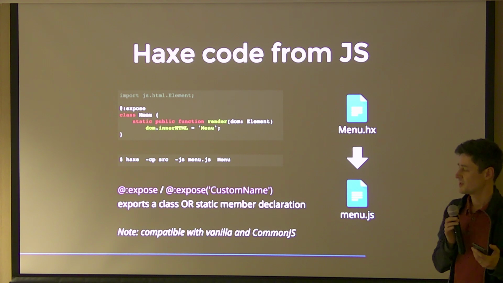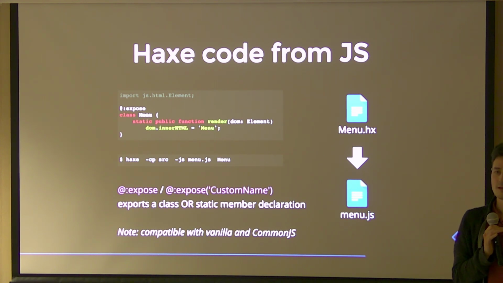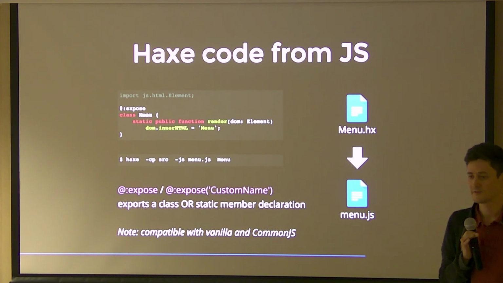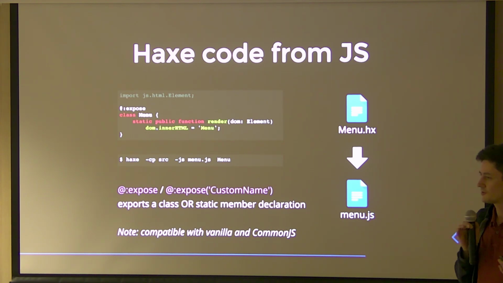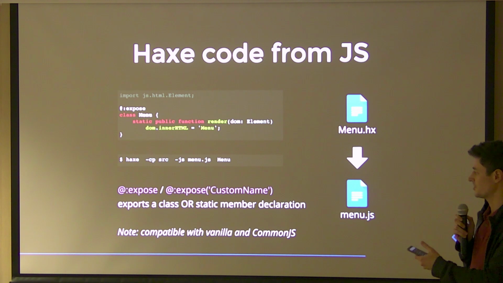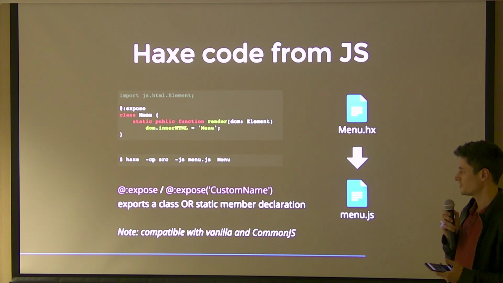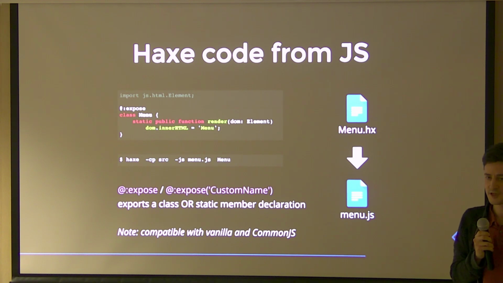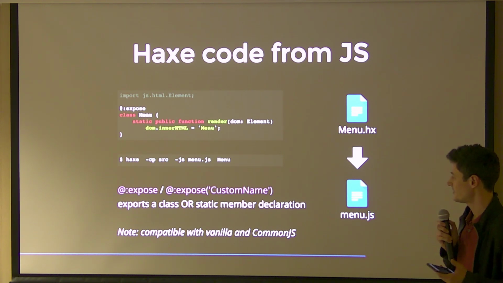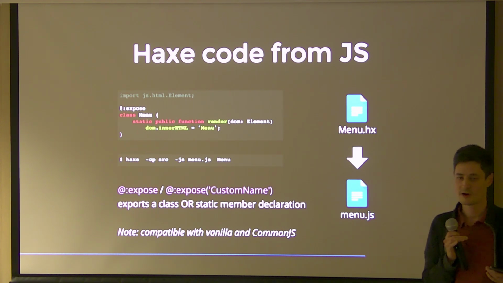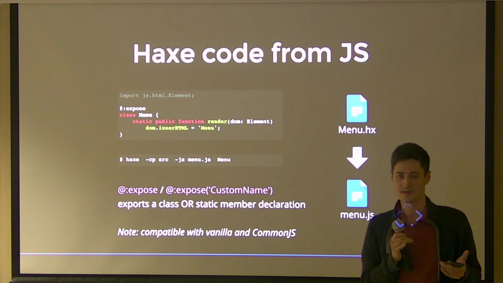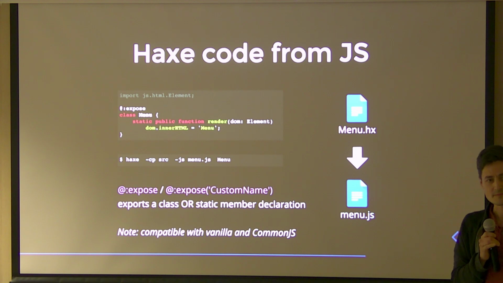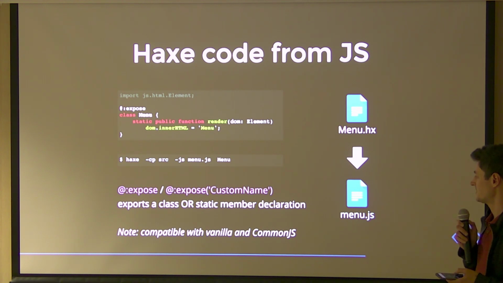The trick about exporting code, making things public outside of the private code of the Haxe JavaScript output, is expose. Expose, which takes the name the type or the function has, or expose with a custom name, will do the job of making sure what you want to get public will be exported outside depending on the runtime environment.